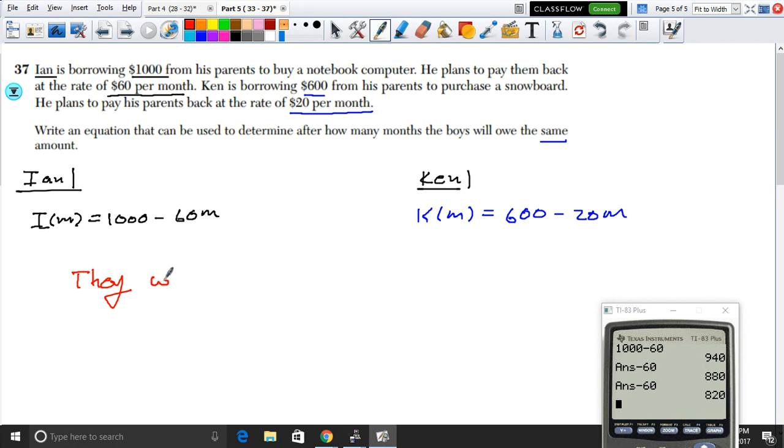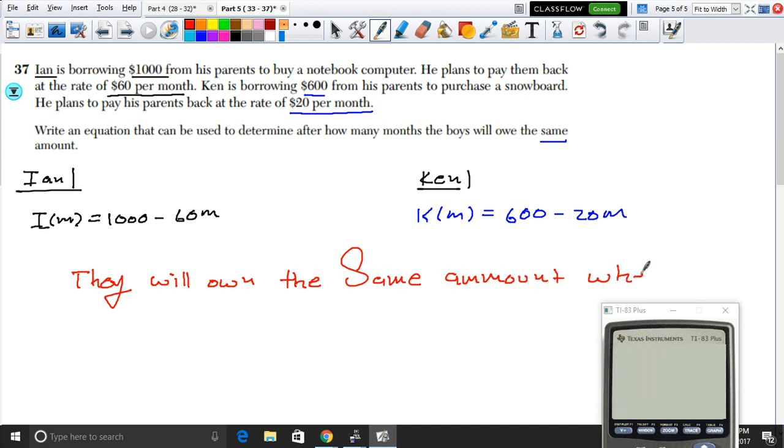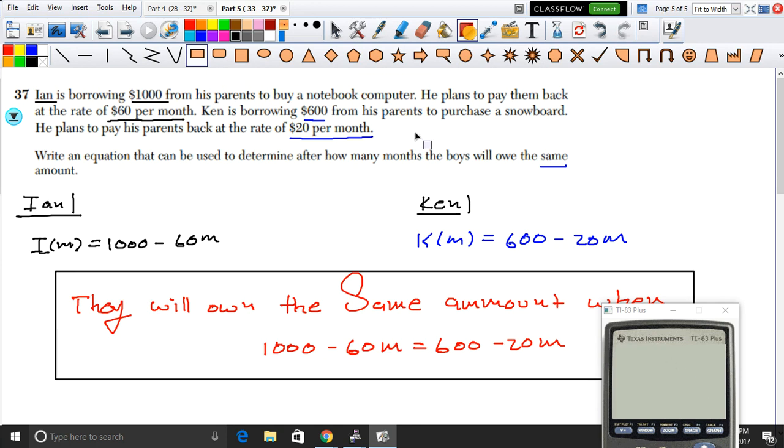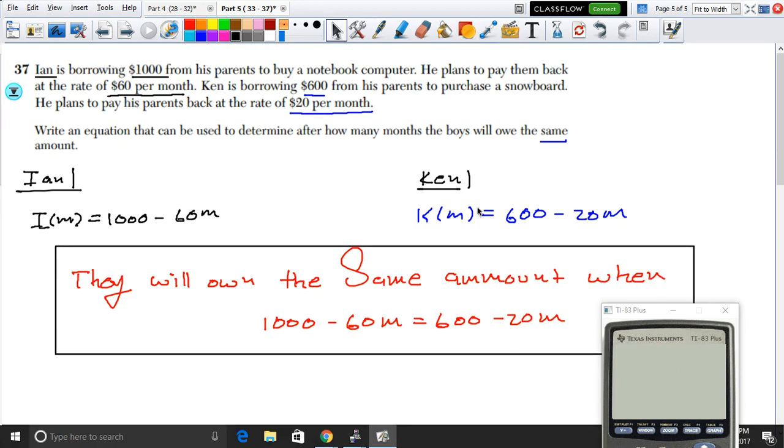They will owe the same amount when the two equations are equal to each other, which is pretty much saying 1,000 minus 60m equals 600 minus 20m. Perfect.